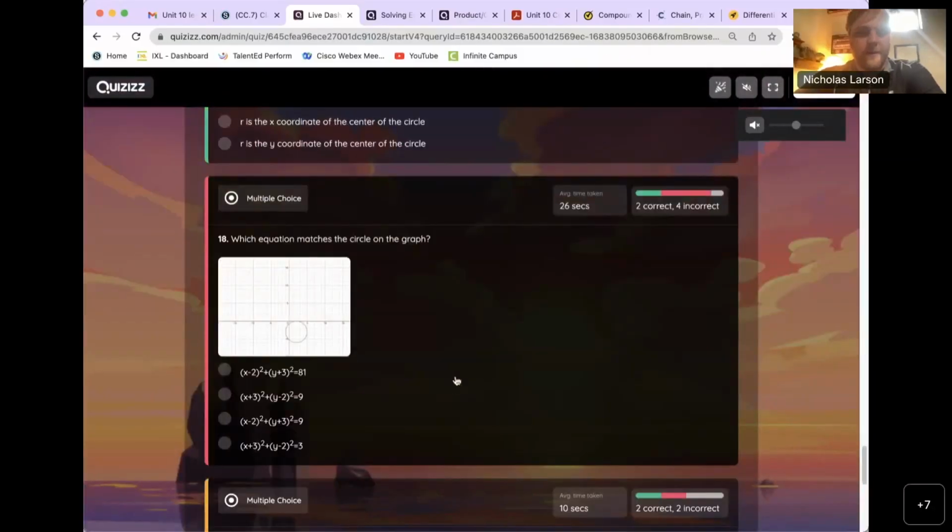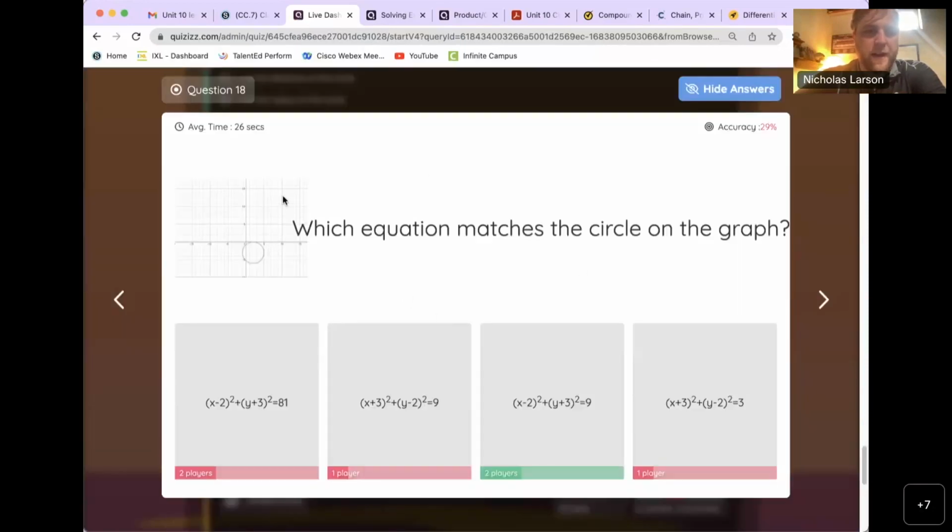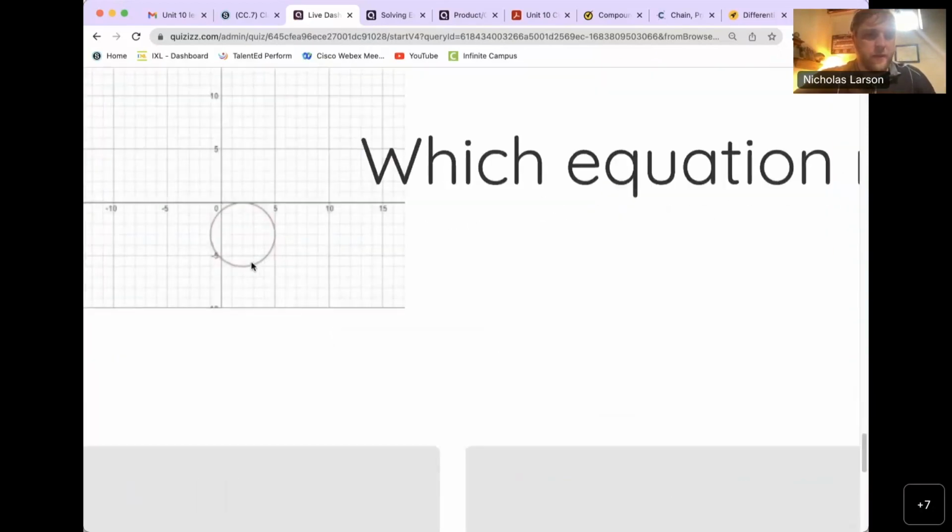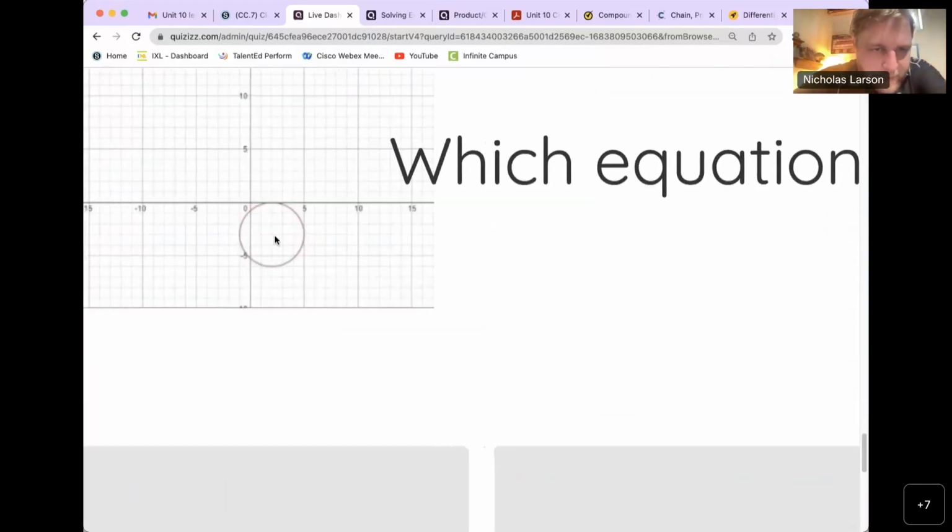Let's look at 18. Which equation matches the circle on the graph? If I look at this circle, it has a center at x is 2, y is negative 3, and my radius is 3.